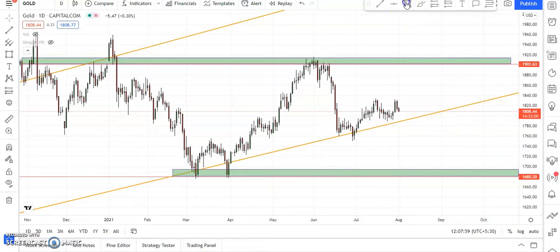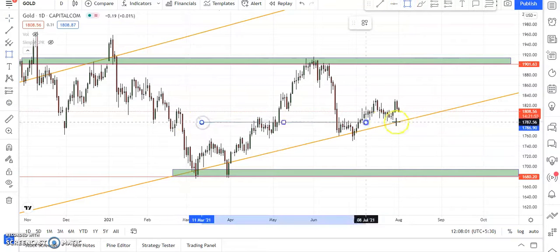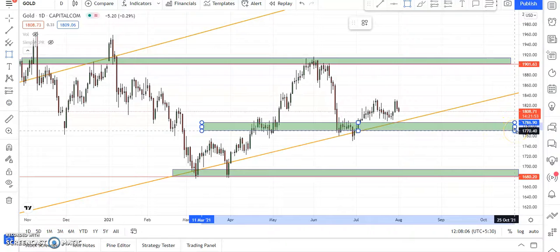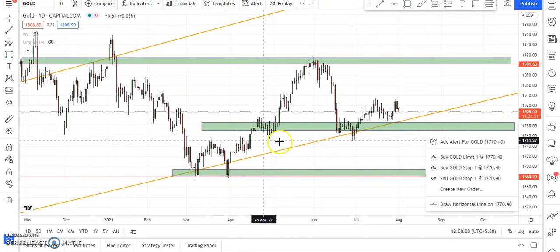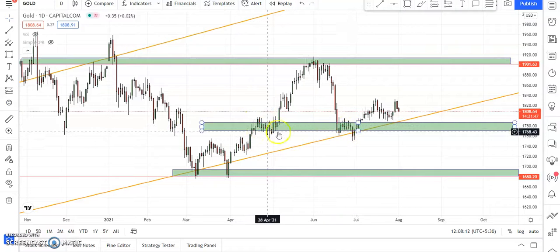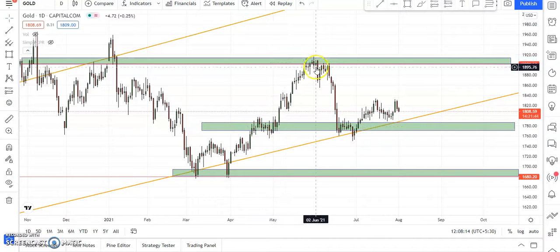Fantastic. What about here? What about here? This part, right? You can see it consolidated a little bit here, once again consolidated. So it broke out of this zone, touched this zone, came down, once again couldn't break through, so it's going up again. So that means what?